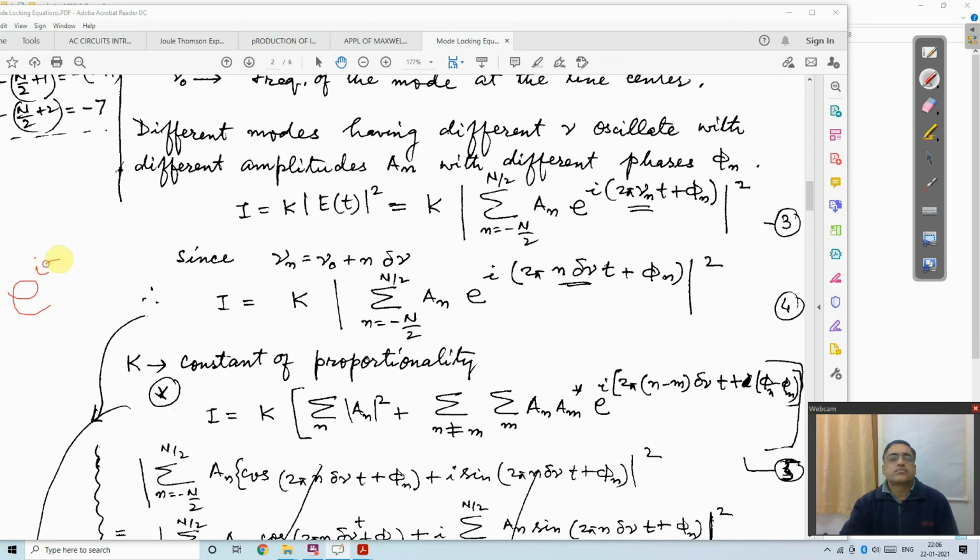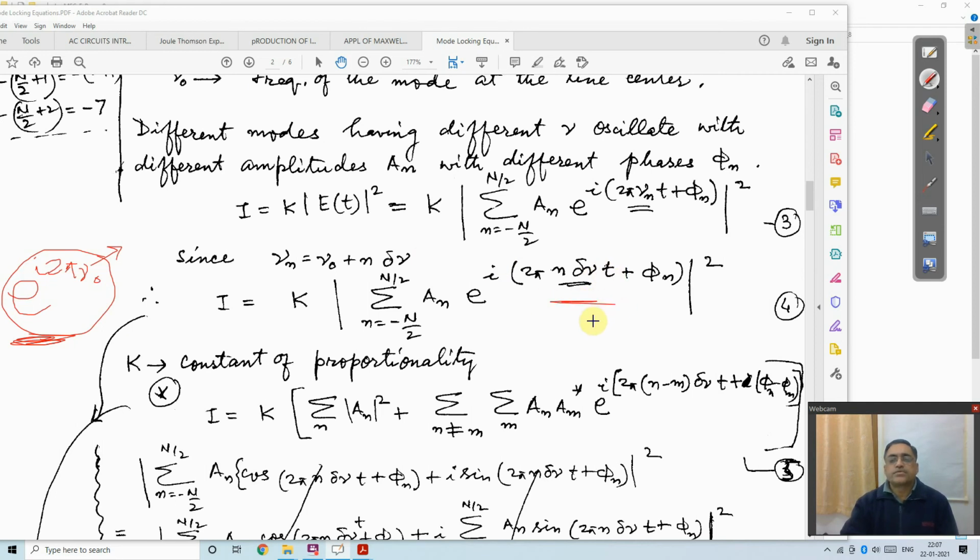Now this must be equal to 1, because here nu_0 is constant and 2 pi is for the whole period. So cos of this thing is going to be 1 using de Moivre's theorem and simple trigonometry. We can easily show this.